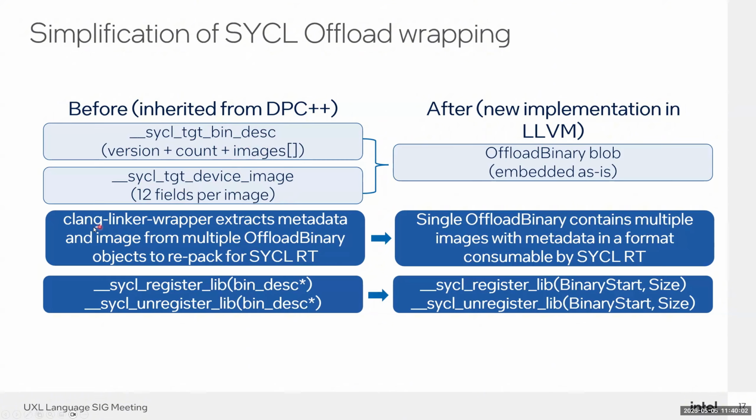And then what is happening is Clang linker wrapper extracts metadata from input bit code, and it extracts images from multiple offload binaries or images, and it repacks all this information into these SYCL TGT device image structures so that SYCL runtime could consume it.